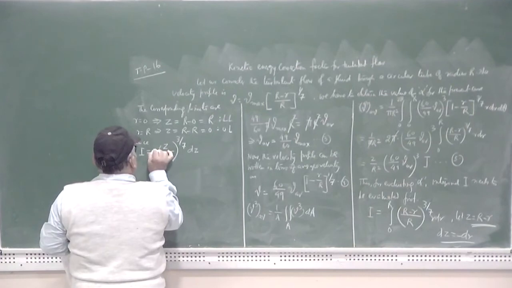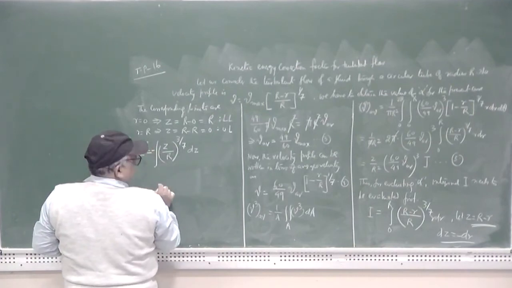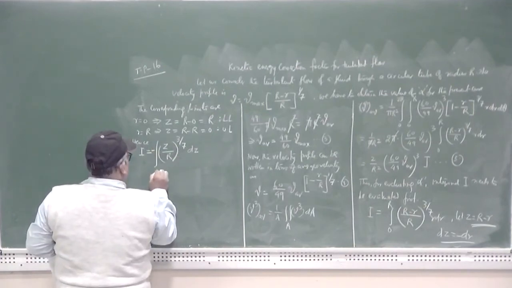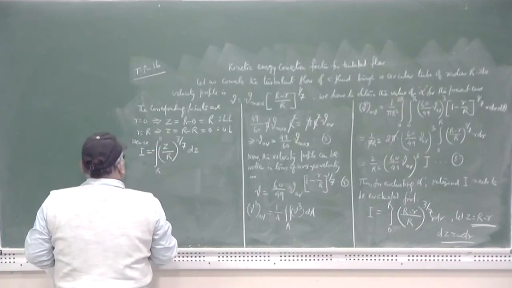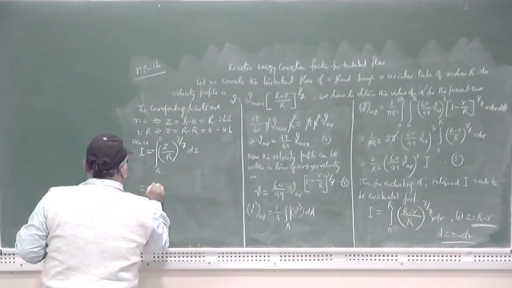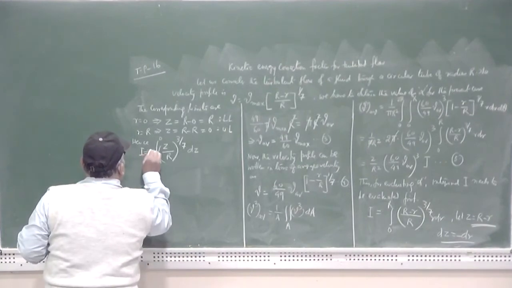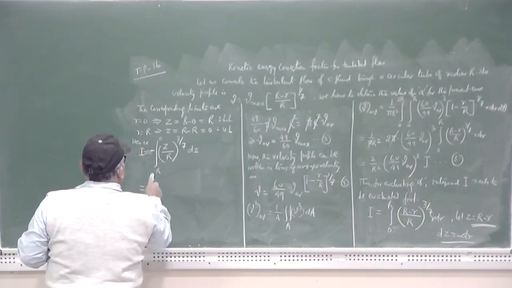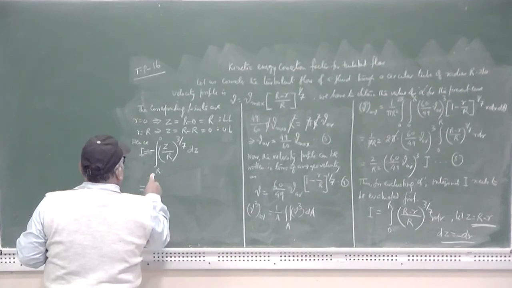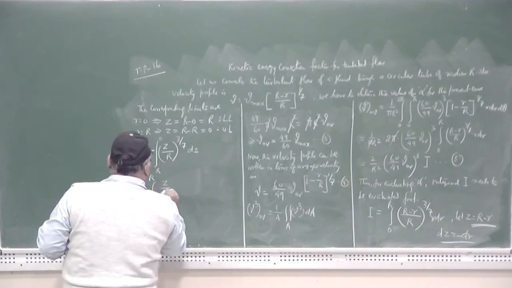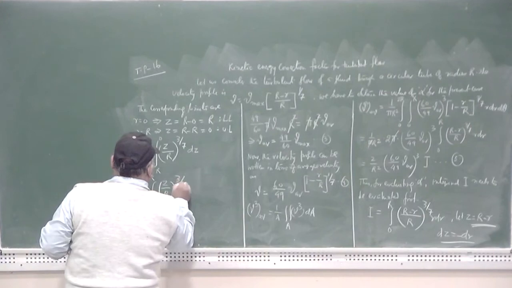So, minus integration from R to 0. So, that negative sign can be removed by reversing the limit, 0 to R, z by R raised to the power 3 by 7.